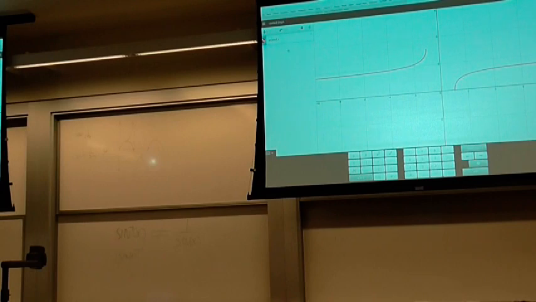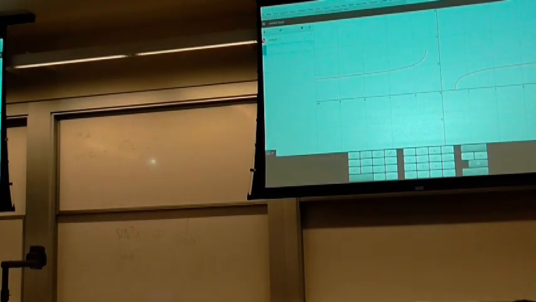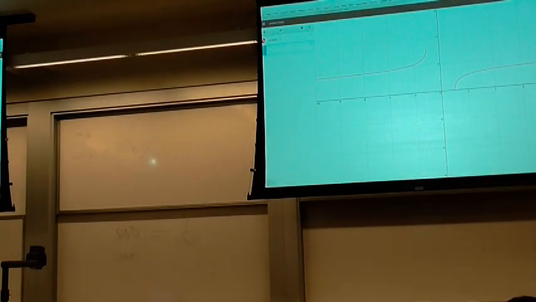Does everyone see this? Let me put the inverse cosine function in too, because that might make it clearer.